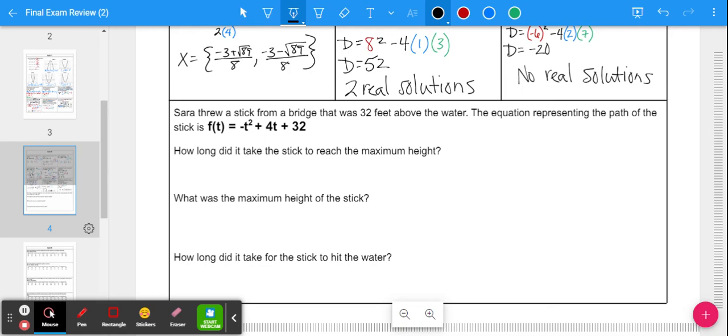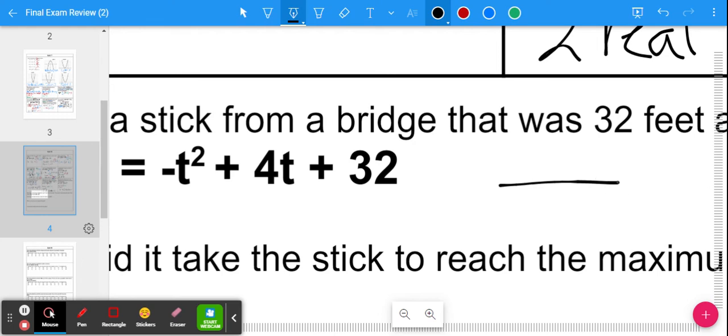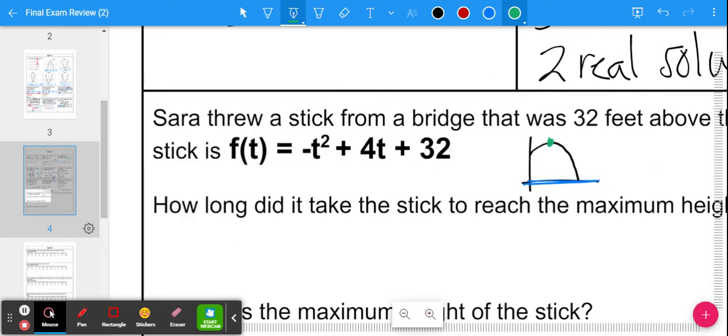So if you think about the shape of this quadratic and the situation, if you throw a stick from a bridge and then it hits the water, so I'm going to make this blue like the water. So we're looking for how long it takes to reach the maximum height, which is your vertex. So the x value is always representing the time. So in this case, we just have to find the x value of the vertex.